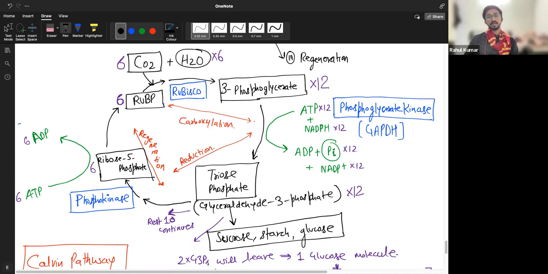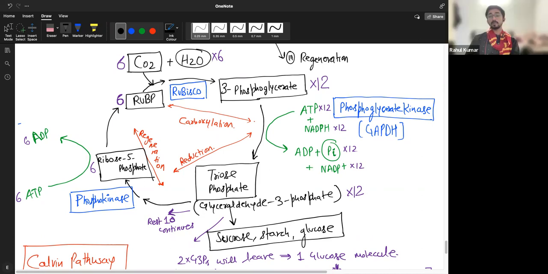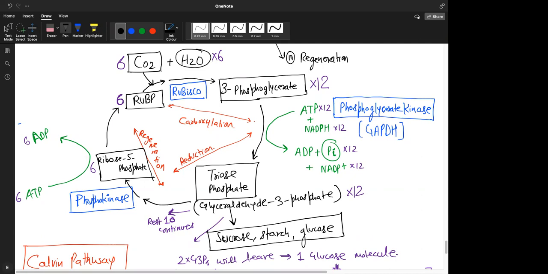Now do you understand why 10 continued and only 2 are allowed to leave? Yes sir. We have to make a balance between regenerating RUBP and also making glucose, right? Yes sir. And to form ribulose 5-phosphate, also 6 ATP are converted into 6 ADP, and then the regeneration occurs, and finally we again get 6 molecules of RUBP.